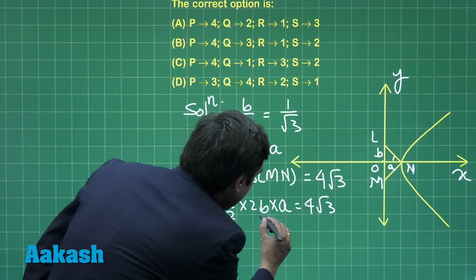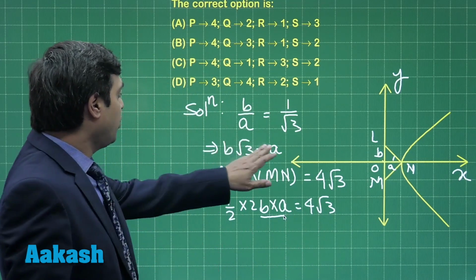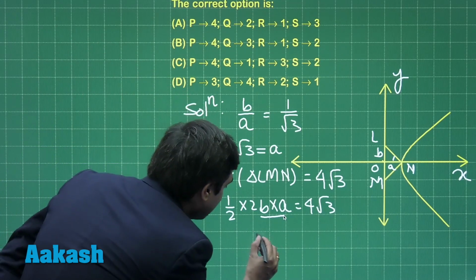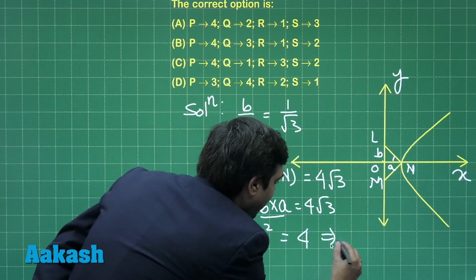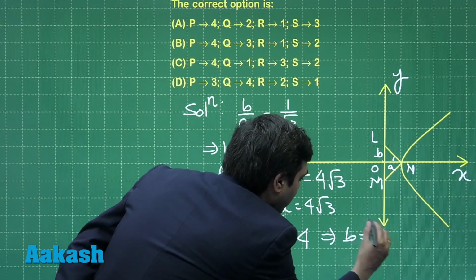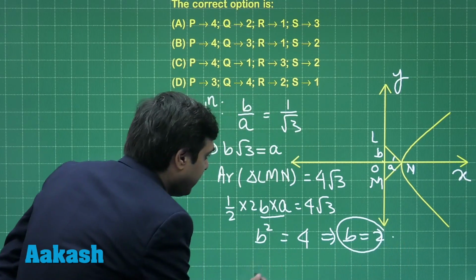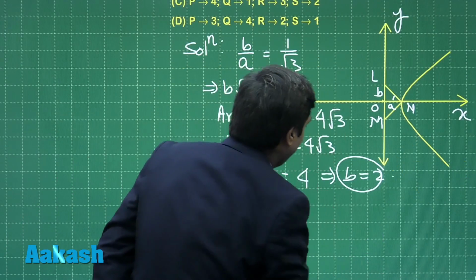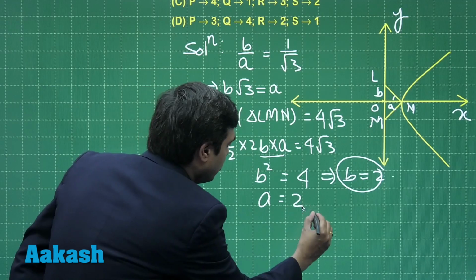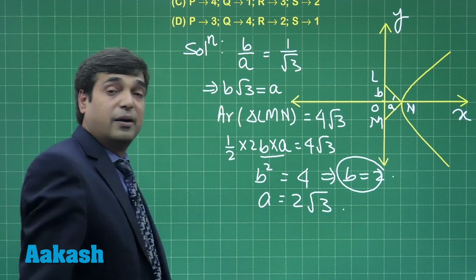So, this gives us AB equals 4 root 3. Now, we can put here A equals B root 3, which gives us B square is equal to 4, that is B is equal to 2. Once we get B equals 2, we can also write the value for A as 2 root 3, correct.